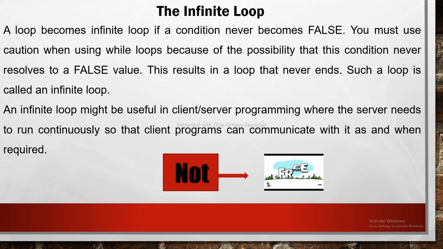But in some situations you need to run the program again and again, like 24/7. In that case you use an infinite loop. With a loop condition, there must be a possibility that it resolves to a false value. Otherwise, it will go into an infinite loop. So keep that in mind.